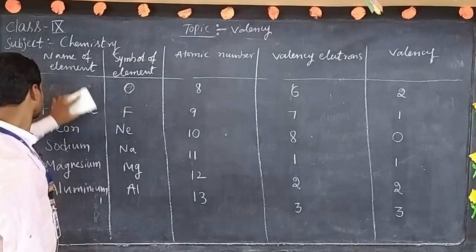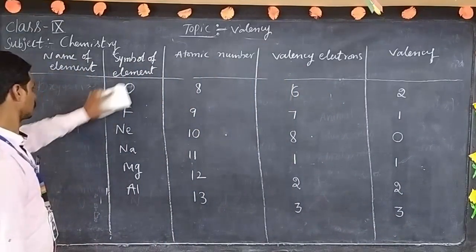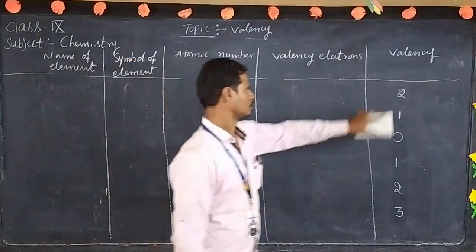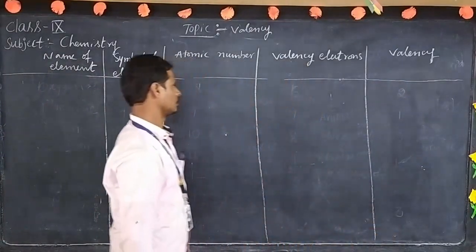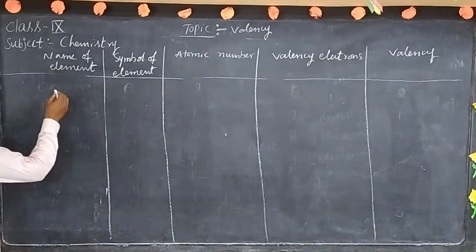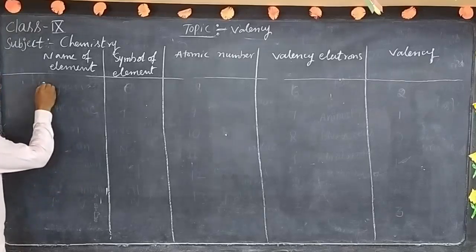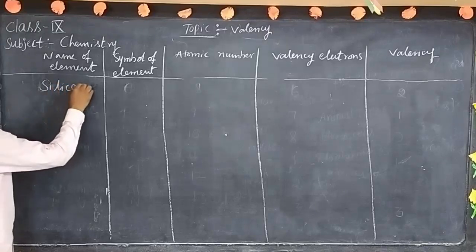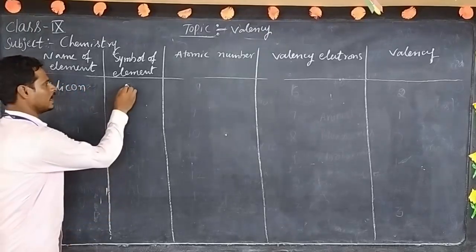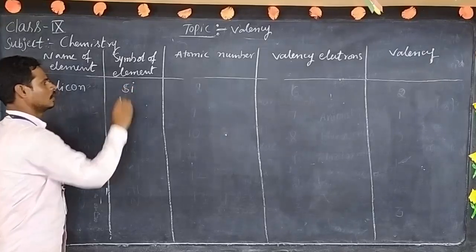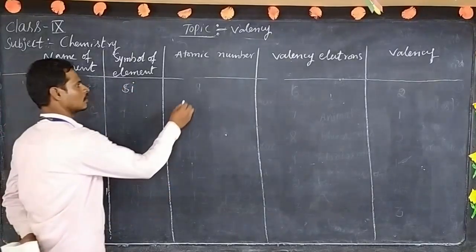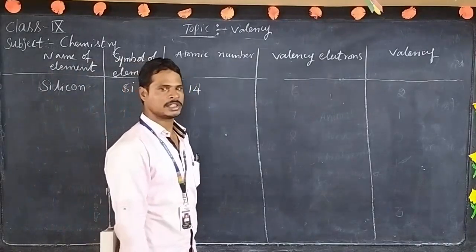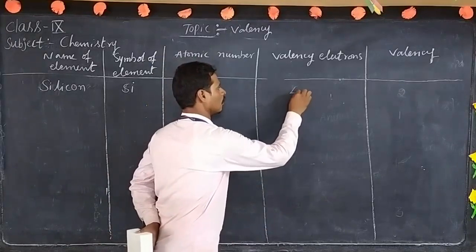Next, name of the element silicon. Symbol of silicon Si. Atomic number of silicon 14. Valence electrons present in silicon 4.